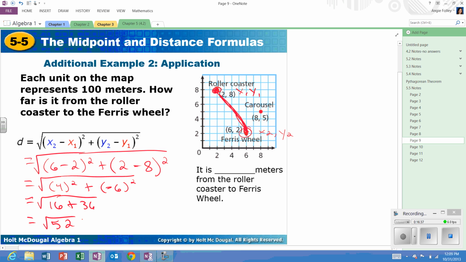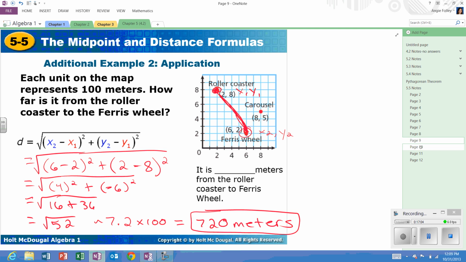If you were to plug that in your calculator, that comes out to about 7.2, but they told us that every unit represents 100 meters, so this is only 7.2 units, so we actually have to multiply it by 100 to get about 720 meters is the real distance, like if you were out in the park, okay, not just 7.2. This is just a scale, kind of like when you're looking at a map, okay.